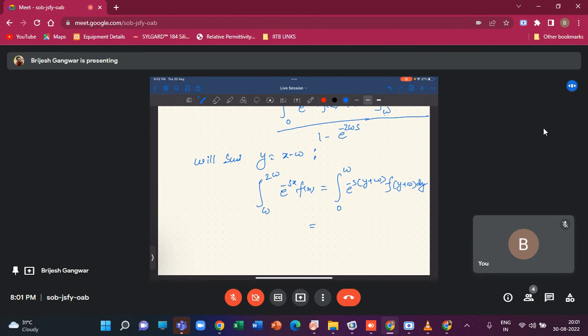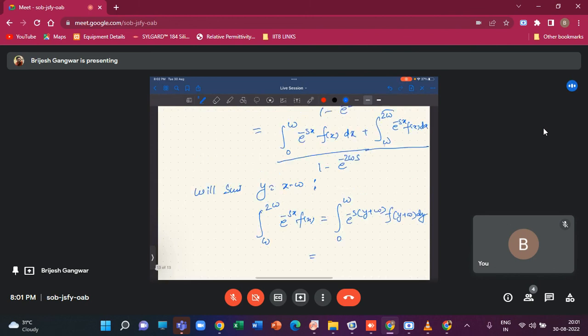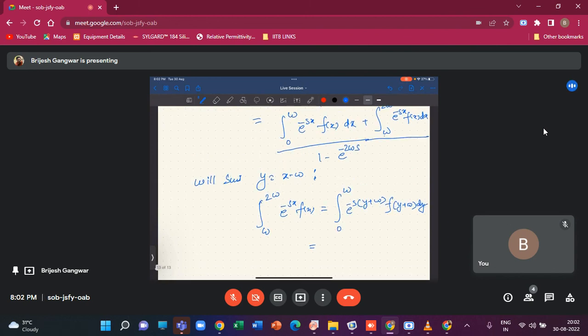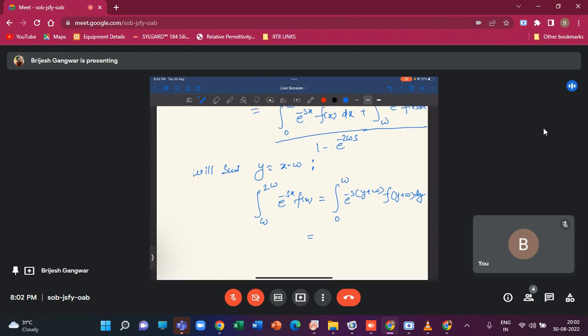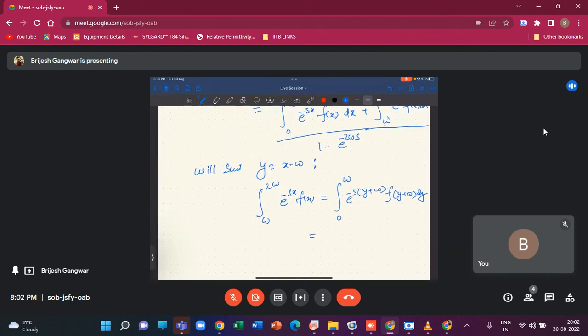Yes, then we can add this in the same integration. Okay, so this minus s omega will come out, e to the power minus s omega, because this integration corresponds to dy. So this will be constant, so 0 to omega e to the power minus sy, and f of y plus omega is minus f(y), right?